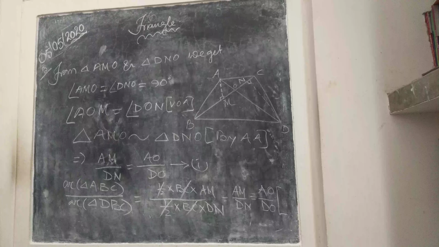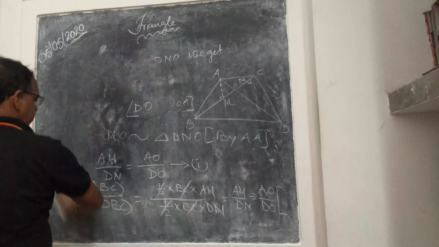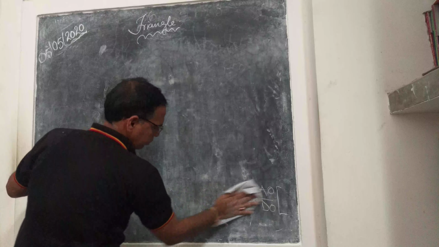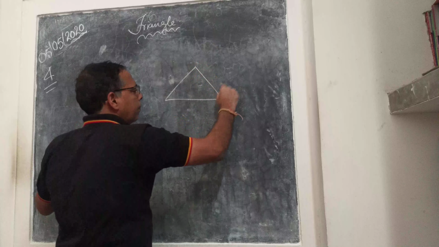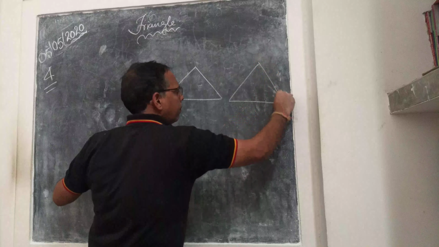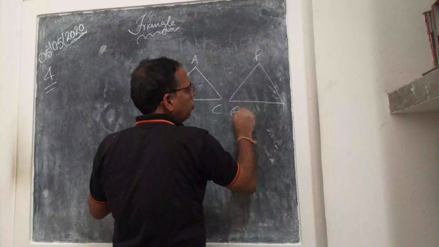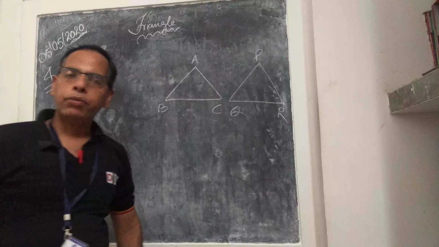Now question number 4. Let ABC and PQR be two similar triangles.